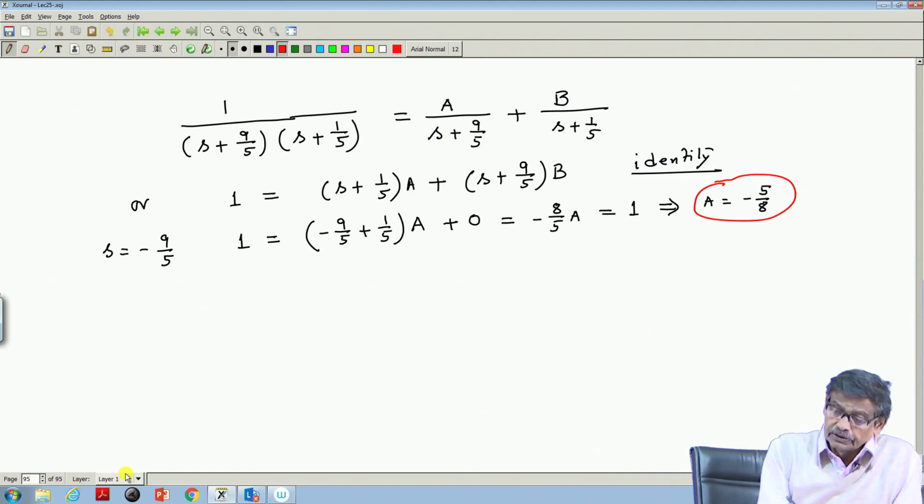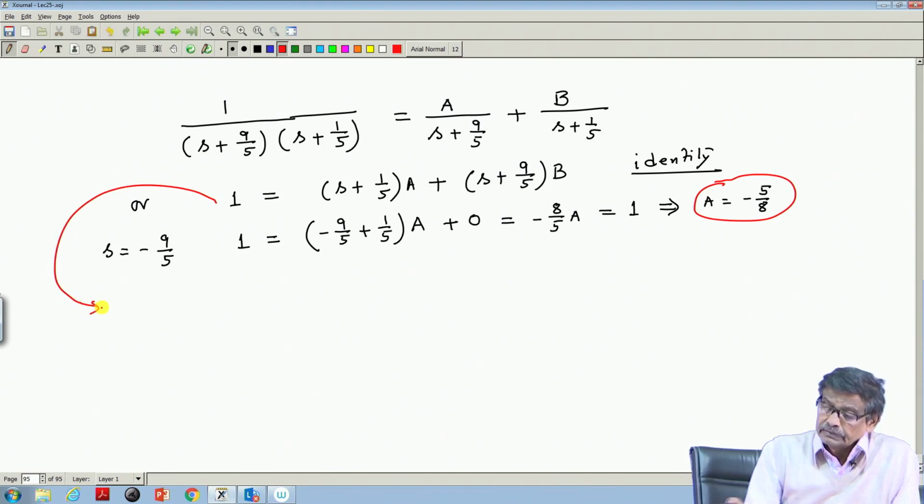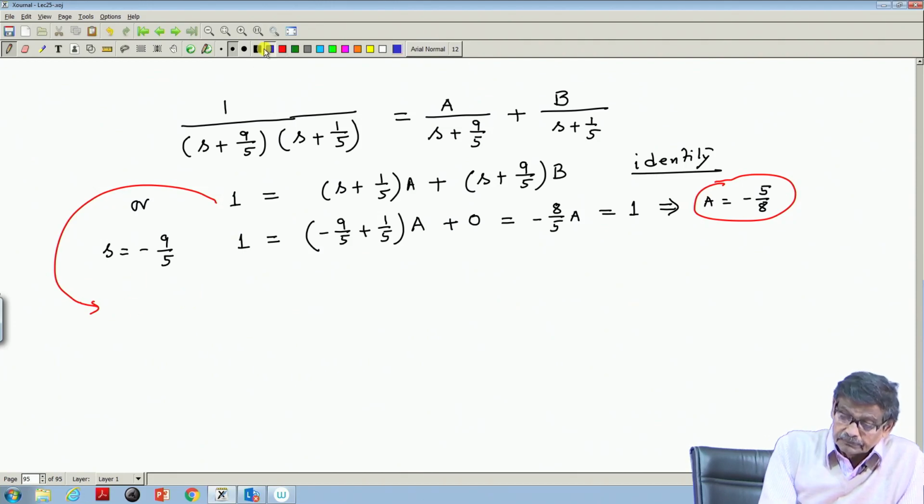Similarly, once again come back to this equation and put S equal to minus 1 by 5.